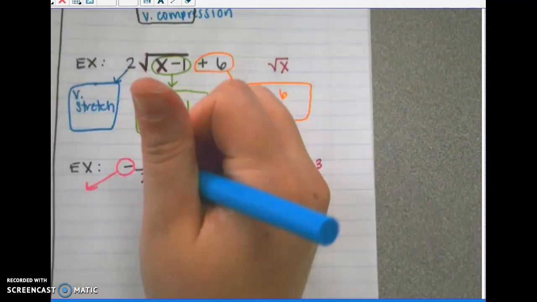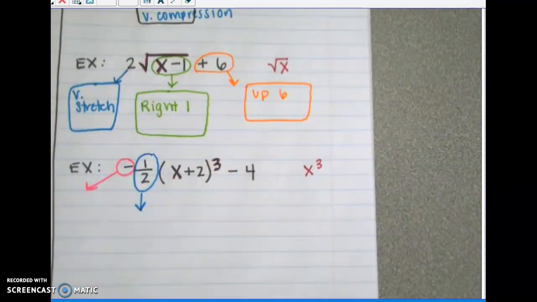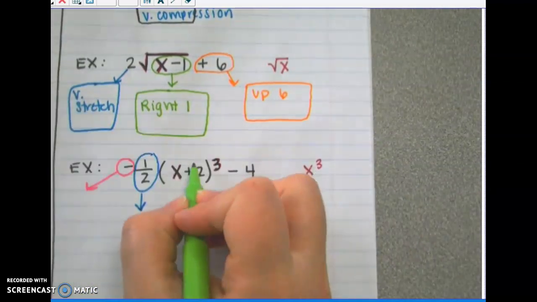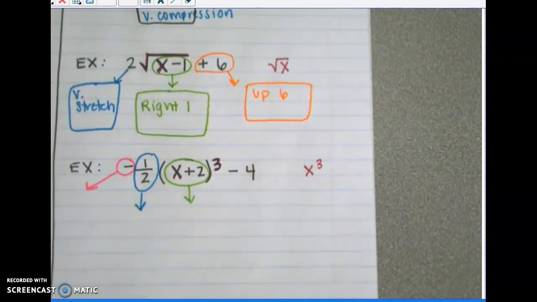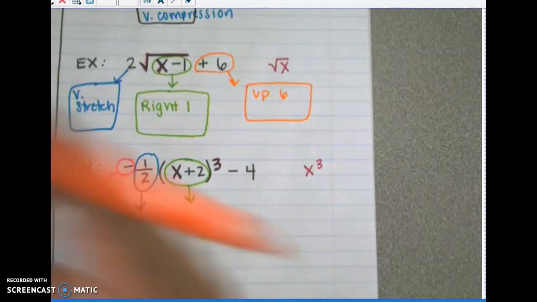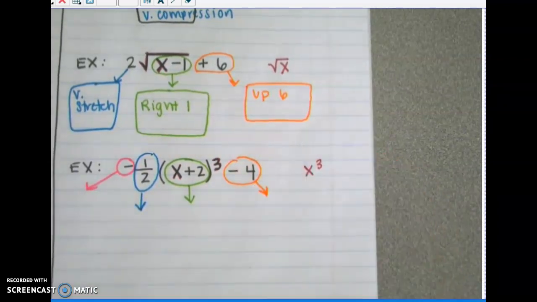The fact that there is a number in front does its own thing. This plus 2 that's with the x is going to do its own thing. And the minus 4 at the end is going to do its own thing. So you should pause the video here, see if you can figure out all those transformations, and then check and see if you got it right.